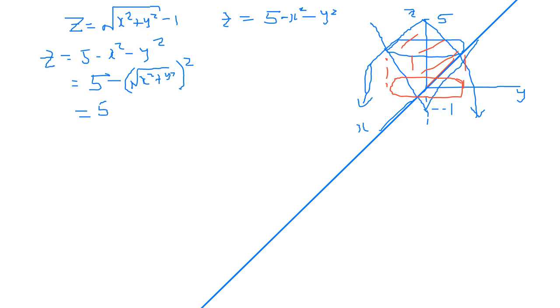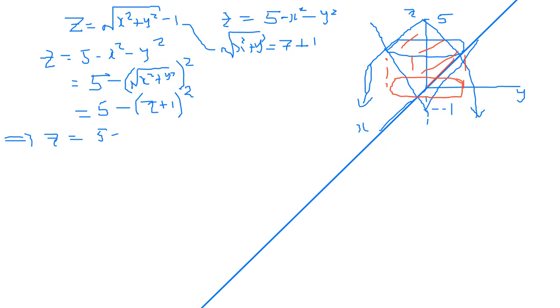I've just rewritten this a little bit. And now if I use that, I can get that the root of x squared plus y squared is equal to z plus 1. Okay, so this is 5 minus z plus 1 squared. And then we need to simplify this whole lot.